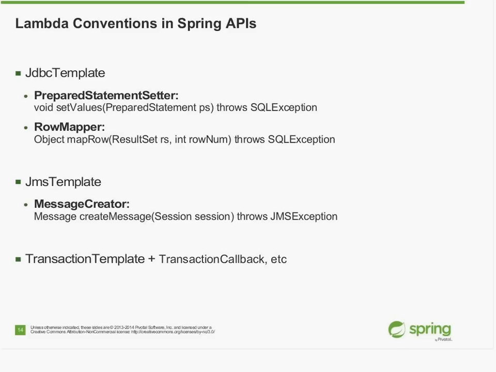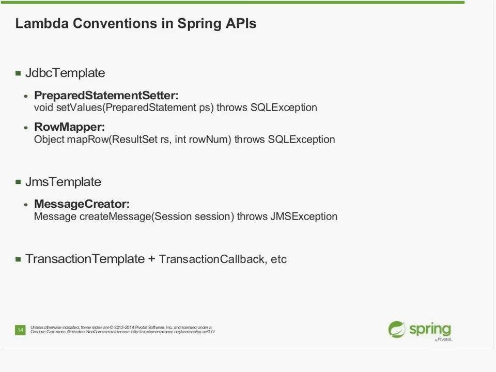It's actually rare to find in this industry that those things work out like that. We have them, of course, not just in JdbcTemplate. We have them in JmsTemplate, TransactionTemplate, this typical template plus callback style that you can find in many Spring packages. They are all an immediate candidate for Java 8 Lambdas.